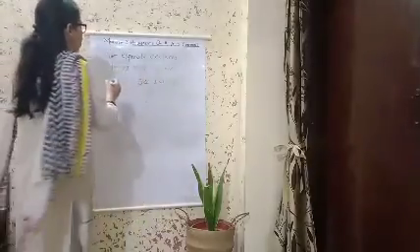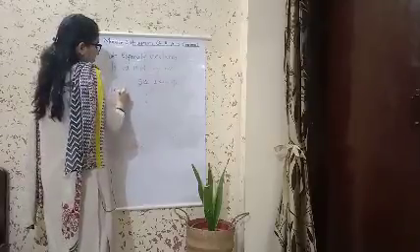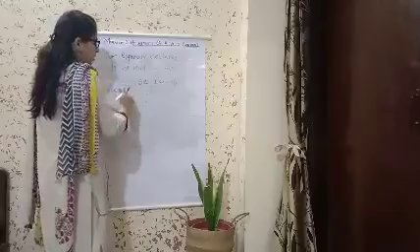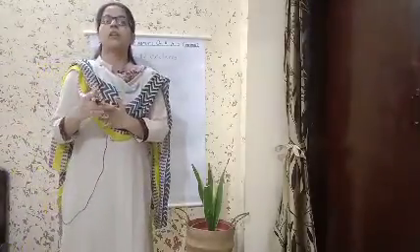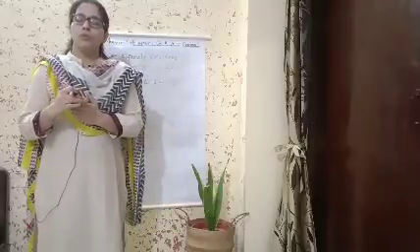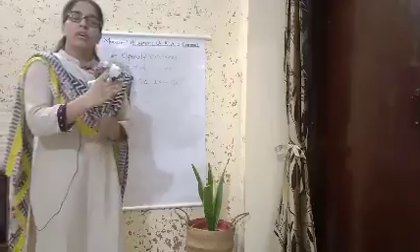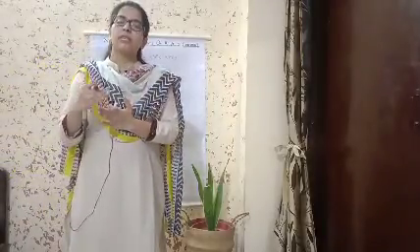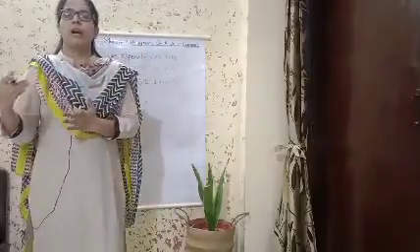What does Section 24 talk about? Even if the consideration or the object you're putting in an agreement is partially lawful and partially unlawful, then that partially unlawful consideration is enough to vitiate your contract and make it invalid, void.